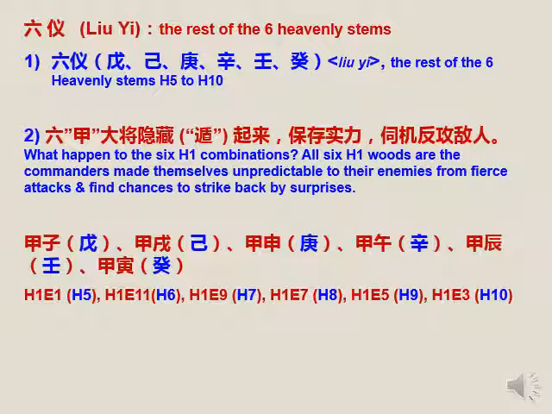Okay, so the next question is, what does it mean? How do we use it in the 奇门遁甲 chart, especially the hourly chart, which is the most popular one, right? As mentioned in the first video.